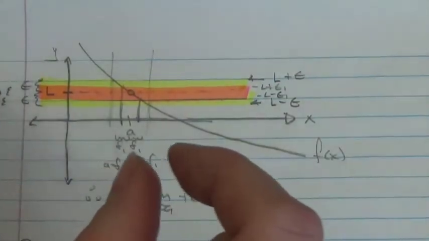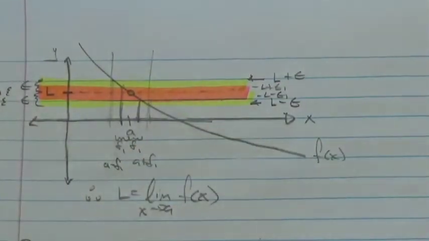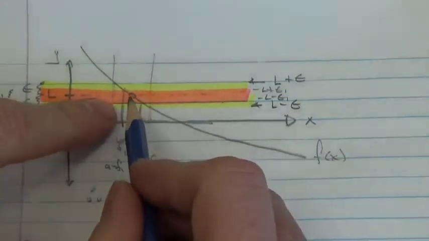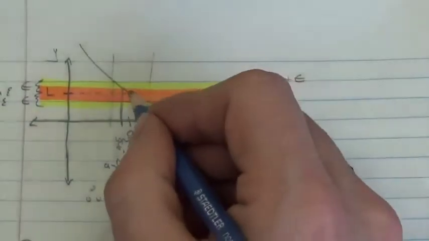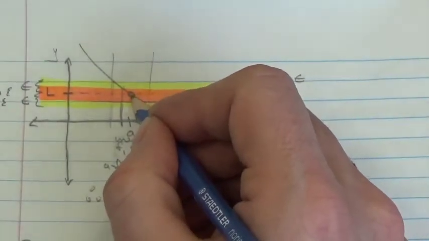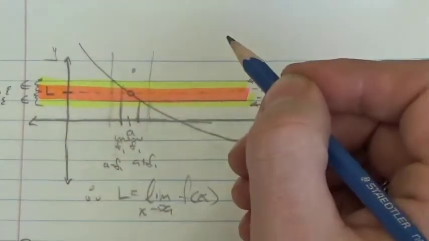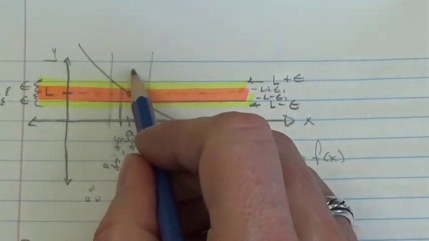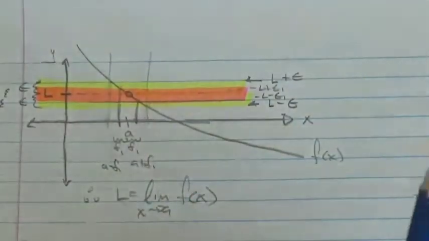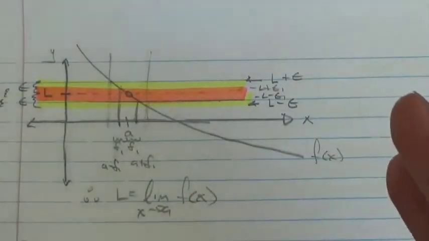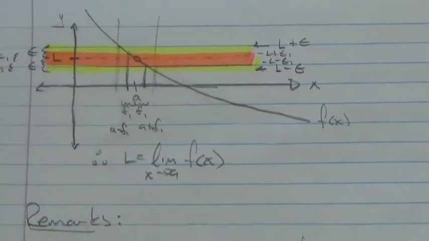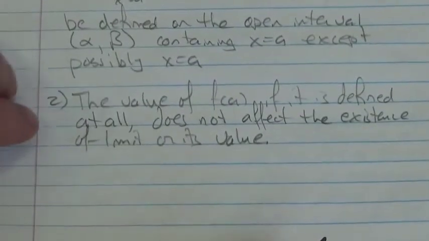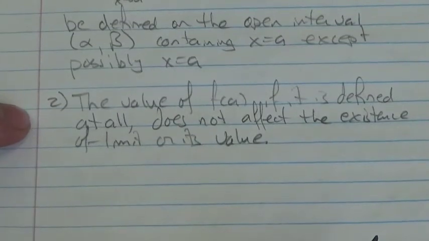There's always this little bit of wiggle in there. So what that means is I don't even care if the function exists here. In fact, that might be an open hole, and that hole might even be defined up there. I don't care at all what actually happens at x equals A. I only care what happens in that little interval around A, which is related to that little interval around L. So that's what this second comment is all about.